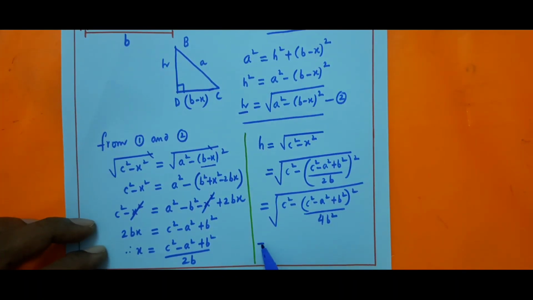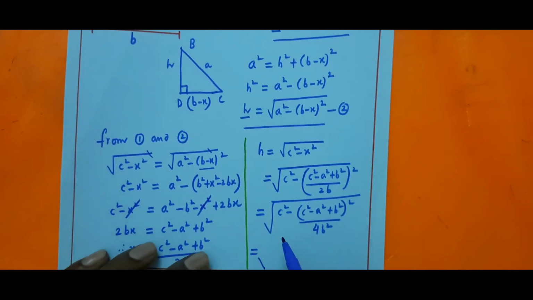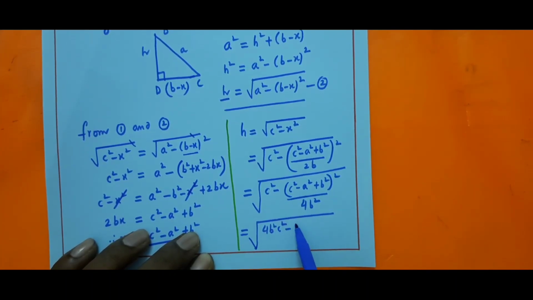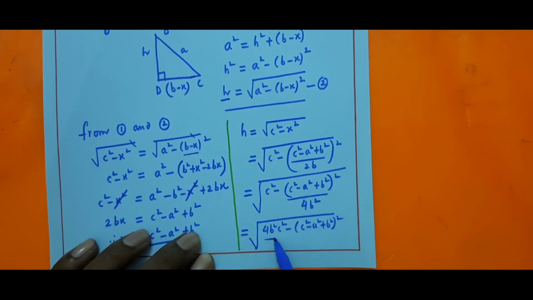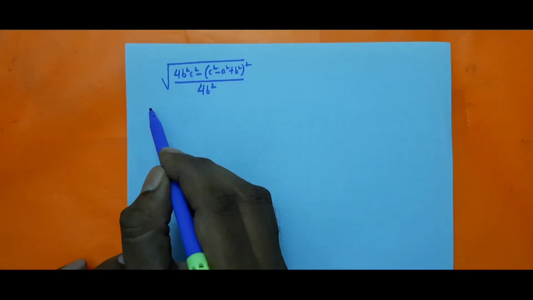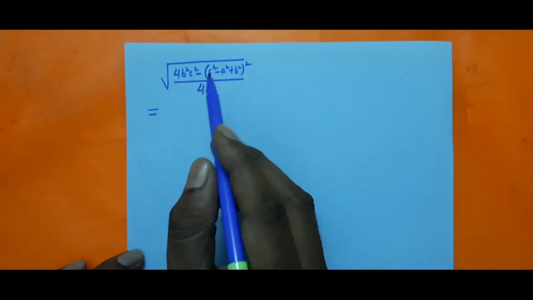Here, if you simplify this, you will get root of 4b square c square minus (c square minus a square plus b square) whole square, by 4b square. Now this is the previous step.